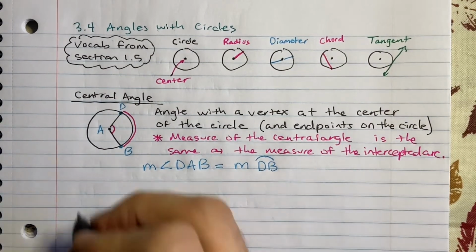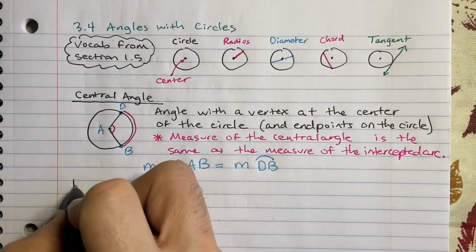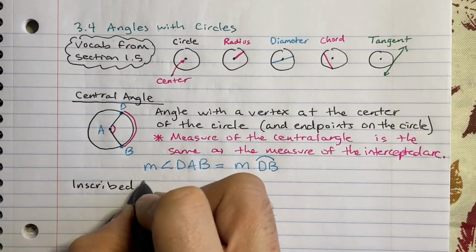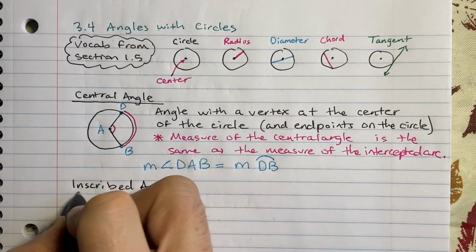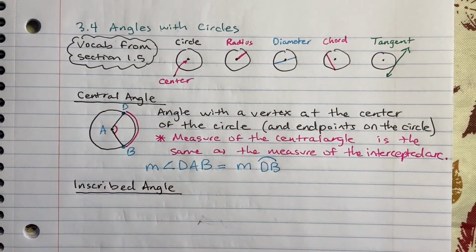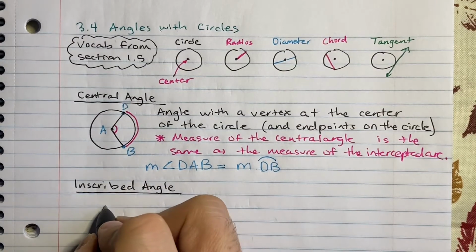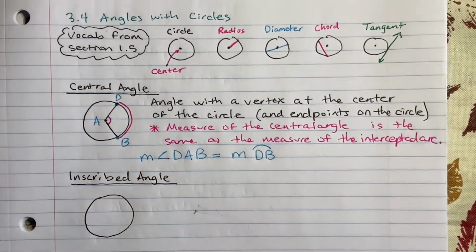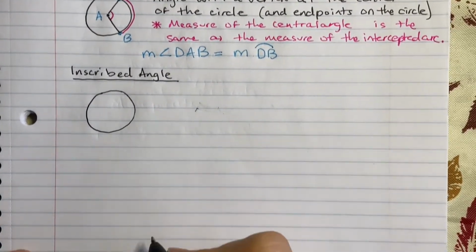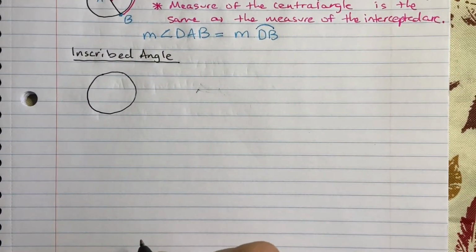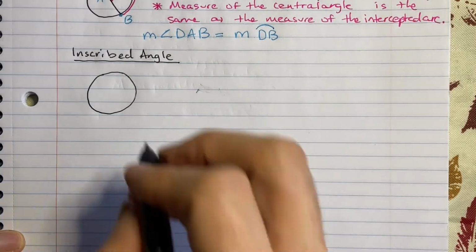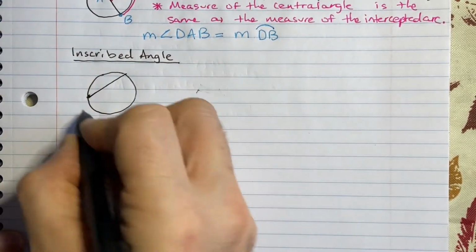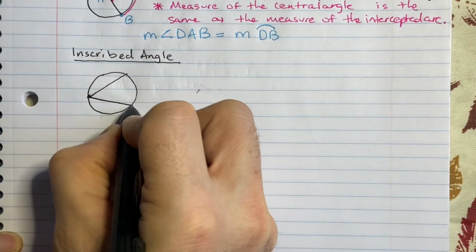Another type of angle that we have is called an inscribed angle. So let's get a picture again. Get yourself a nice circle. And then an inscribed angle looks like you've got one vertex on the circle, and then you just draw 2 chords.